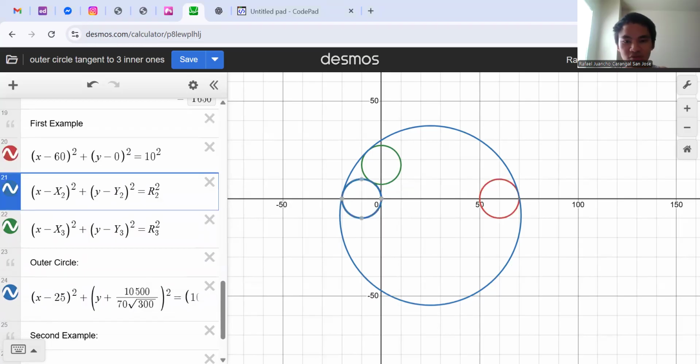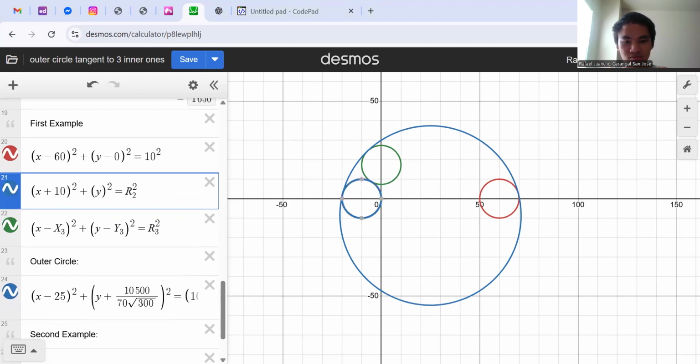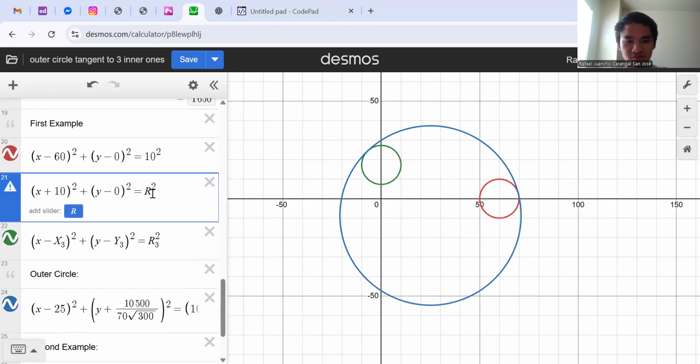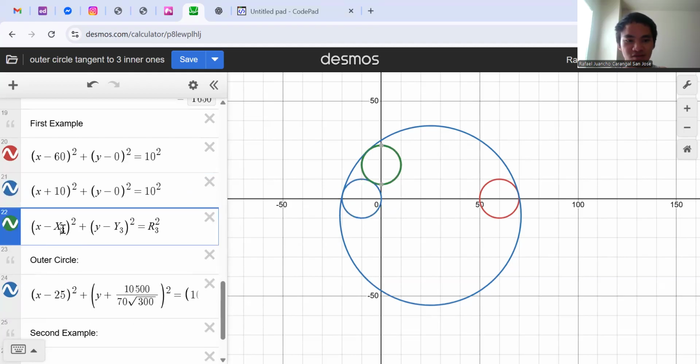Here I'm just gonna show all of this stuff, right? Negative 10. Oh, this is plus 10. And then this was a 0. And then this was 10. Actually, all of these are 10. So that's actually one of our assumptions here. We want to make it so that our radii are the same.